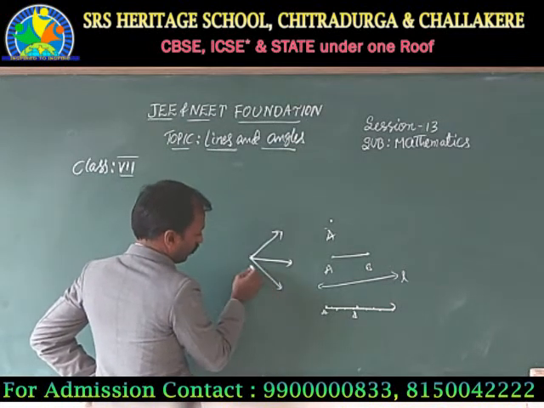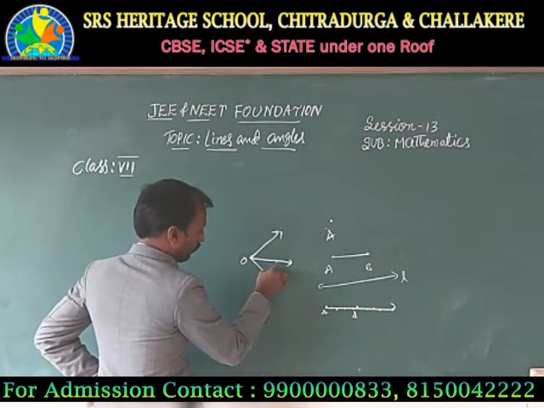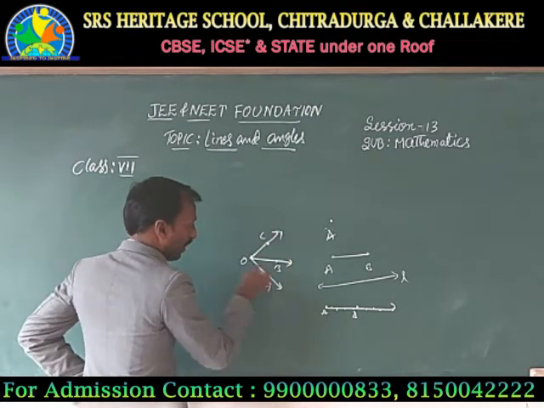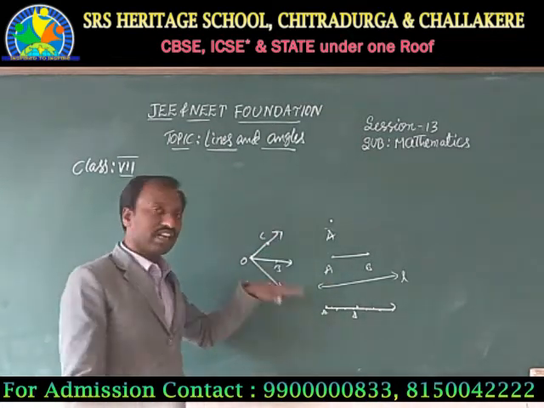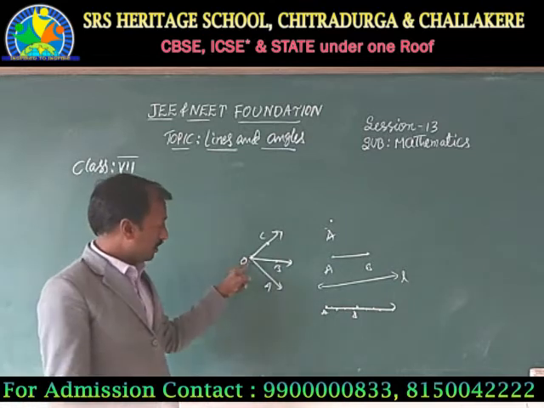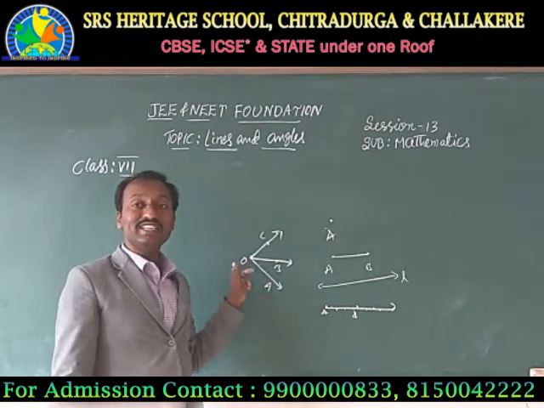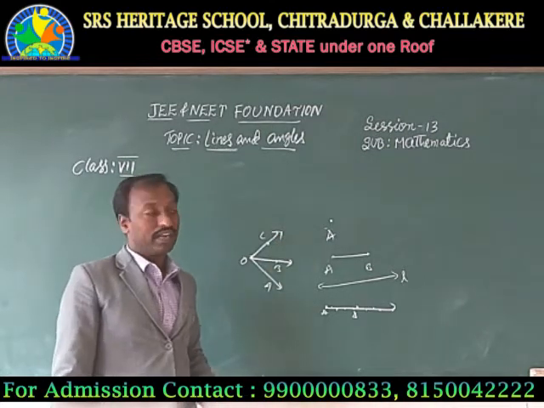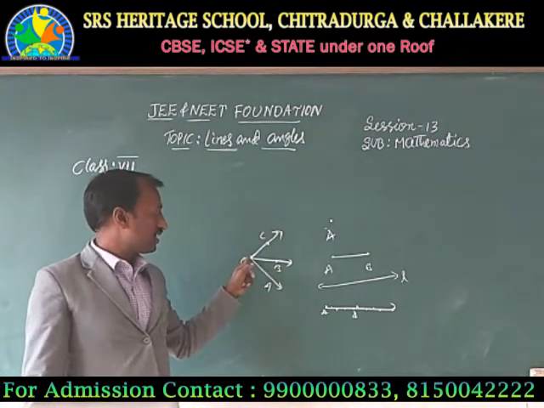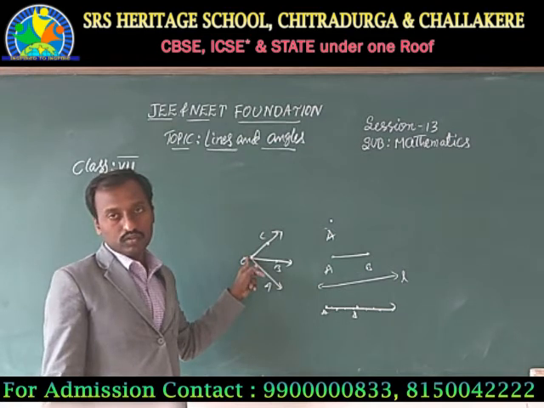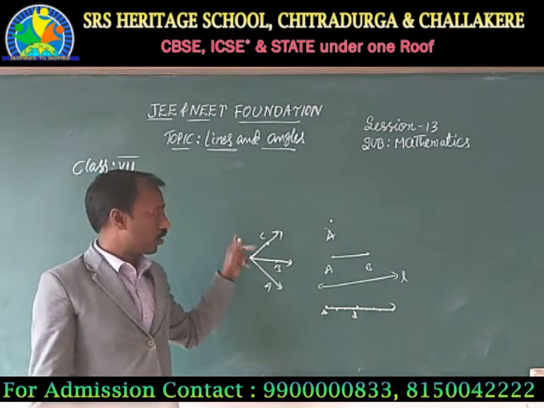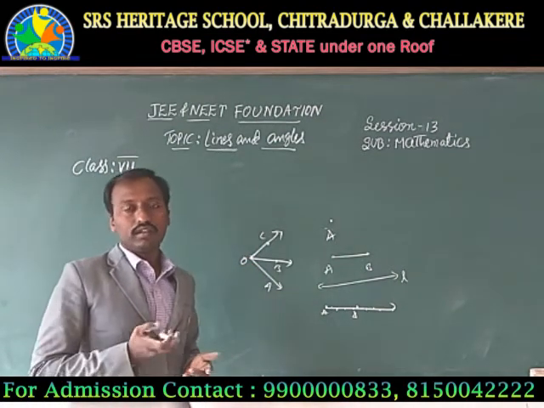See, there are rays OA, OB, OC. There are 3 rays, but they have the same initial point O here, so such rays are called co-initial rays.